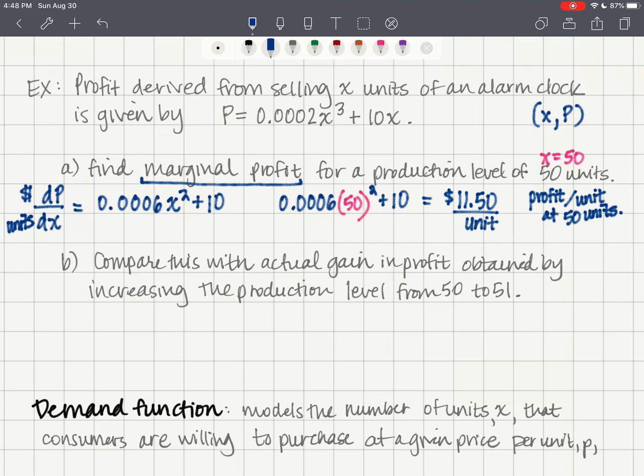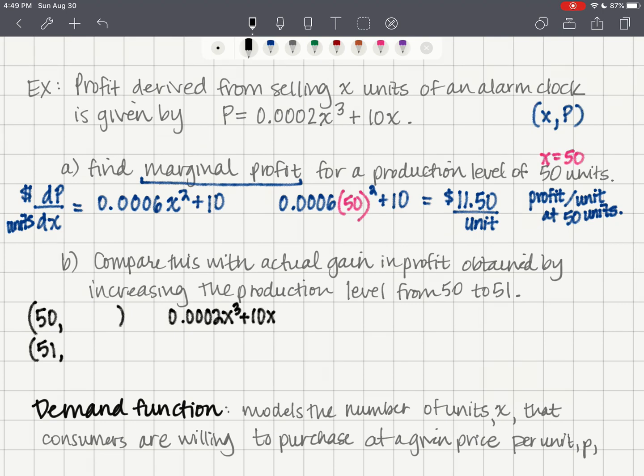Compare this with the actual gain in profit obtained by increasing the production level from 50 to 51. So now we have to find the actual gain. So now we're saying put a 50 in, put a 51 in. When you put a 50 in, you're going to say 0.0002x cubed plus 10x.